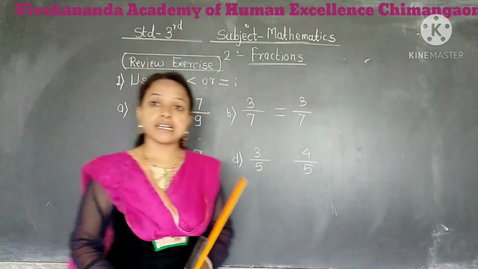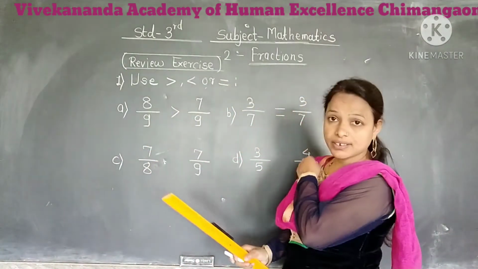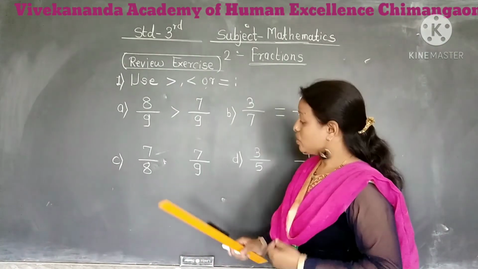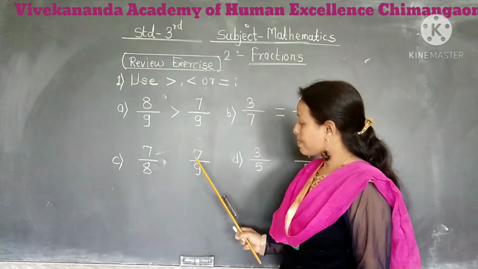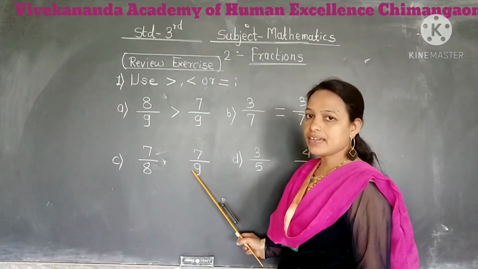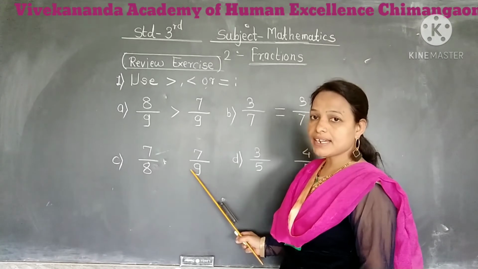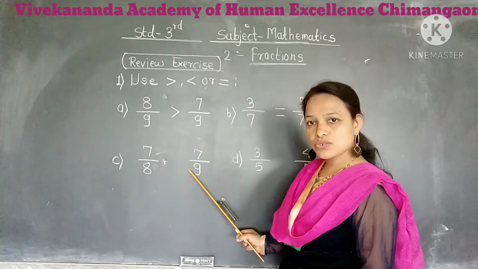Next question. 7 upon 8, 7 upon 9. Now, look here, students. Here 7 upon 8, its denominator is 8, and 7 upon 9, its denominator is 9. These are unlike fractions. So, how do we compare unlike fractions? We have to check the numerators.